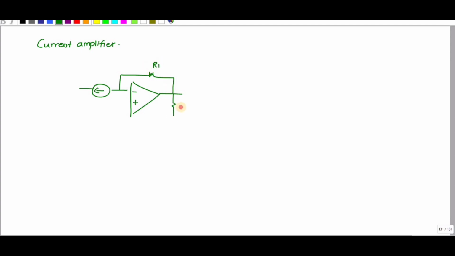Next, let us discuss the current amplifier. This is the circuit of the current amplifier, and RL is the load resistance.